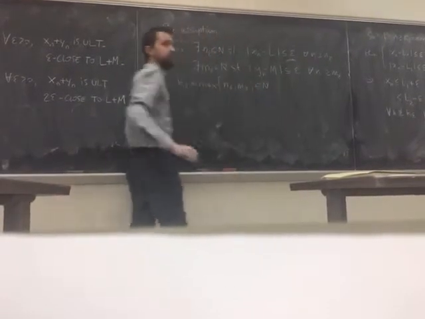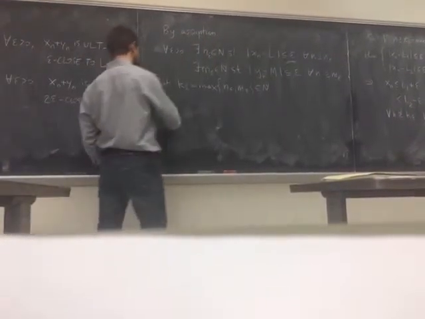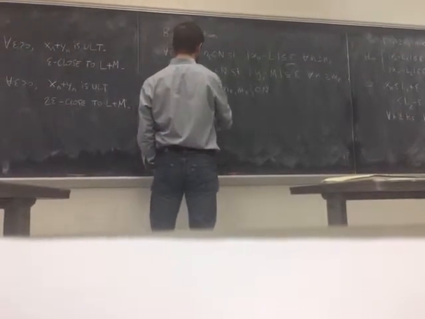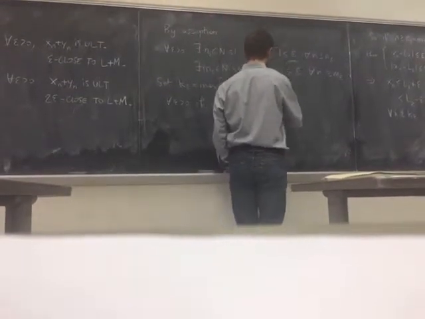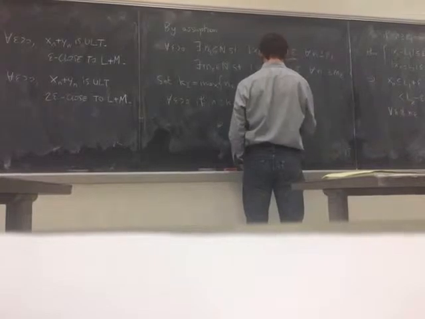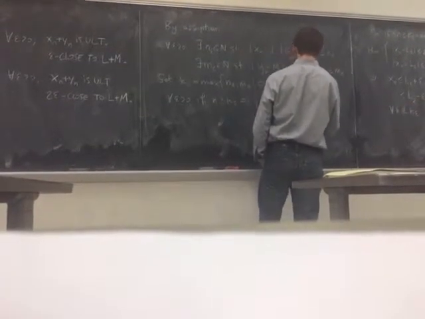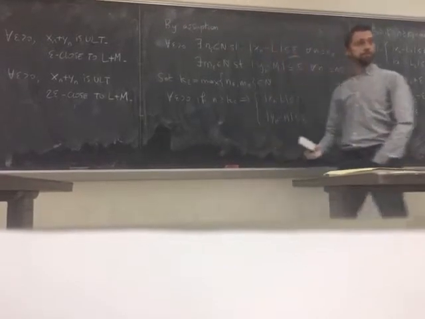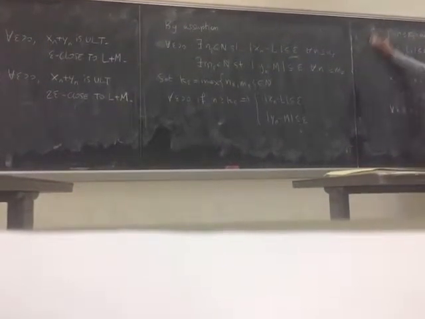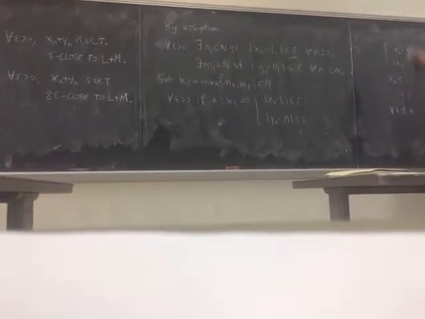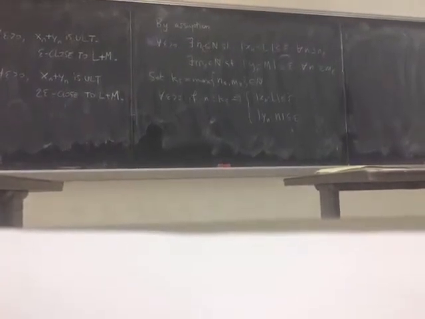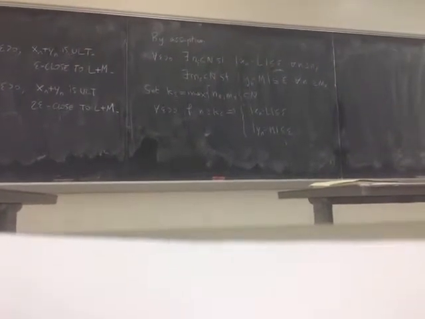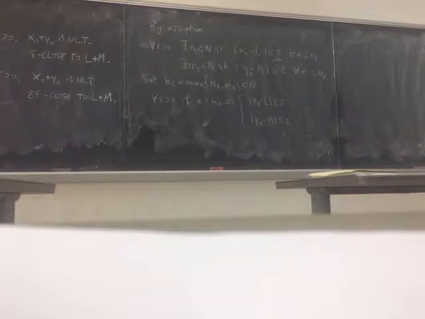This would be a natural number, with the property that for every epsilon, if n is larger than this K of epsilon, then both properties will hold. xn will be epsilon close to L, and yn will be epsilon close to M. Let us write these conditions.